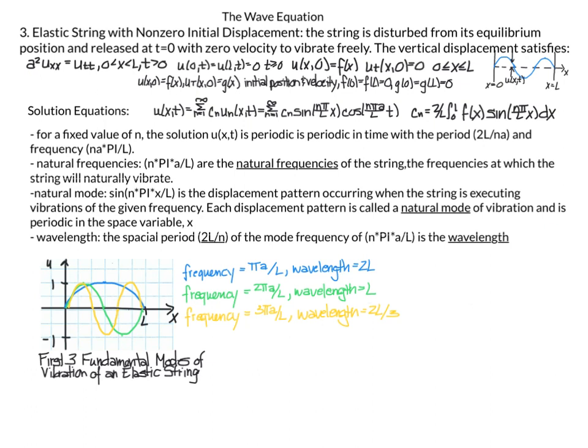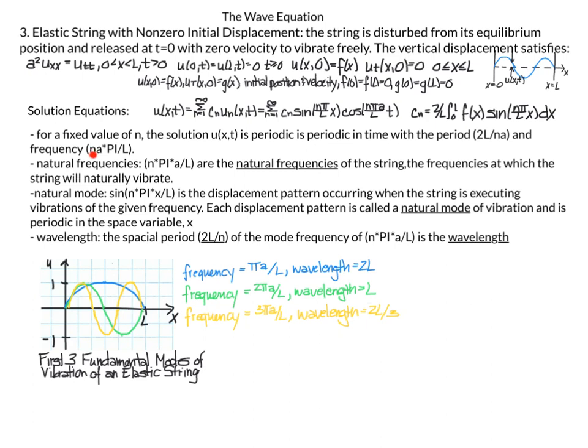The wavelength, the spatial period, 2L over n, is the wavelength of the mode with frequency n pi a over L. For example, when n is equal to 1, the frequency is a pi over L, here in blue, and the wavelength is equal to 2L. When n is equal to 2, the frequency is 2a pi over L, in green here, and our wavelength is now decreased to L.